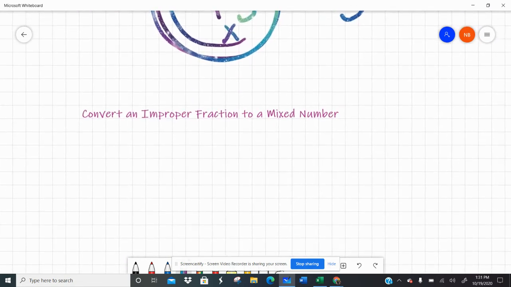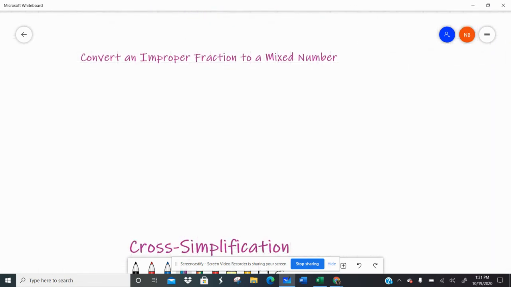Well, what if I want to go reverse? And what if I want to convert my improper fraction to a mixed number? So say I have 17/5. If I have 17/5 and I want that as a mixed number, because remember, with fraction operations, you can't leave your answer as an improper fraction.